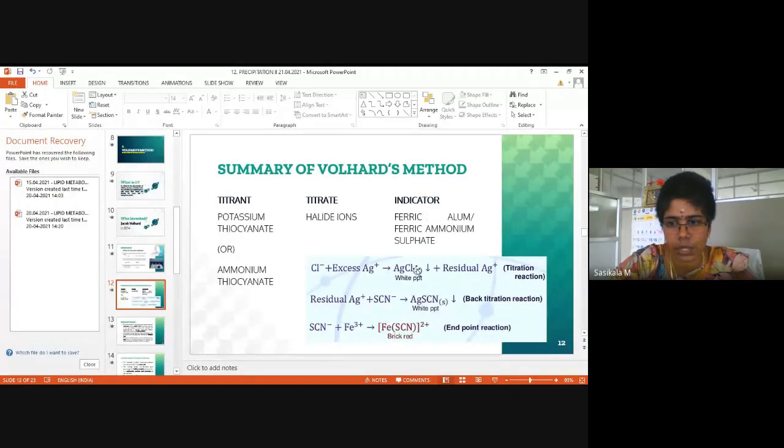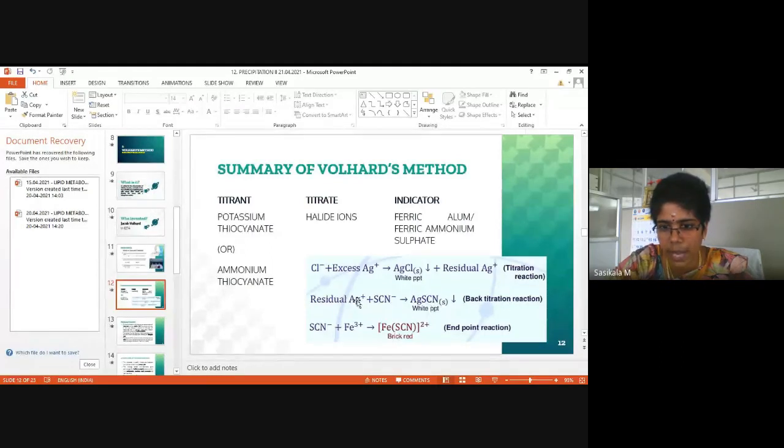Here again the reaction is mentioned. First is the actual titration reaction, which is the reaction inside the conical flask. Chloride, halide, and excess silver ion react to give white precipitate of silver chloride, and the residual silver ion, the excess silver ion, reacts with thiocyanate from the burette to give white precipitate of silver thiocyanate through back titration.